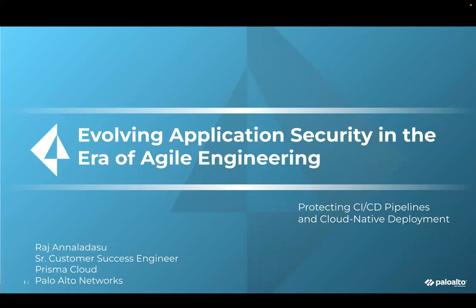But these CI/CD pipelines are outside of the purview of traditional AppSec programs, and the attackers are taking note of this. CI/CD pipelines are now viewed as a relatively easy target by cloud threat actors.